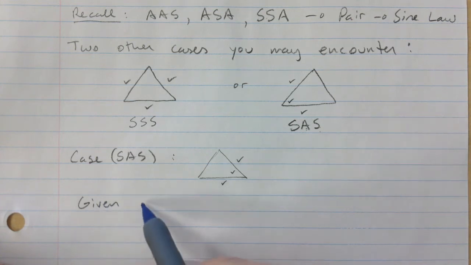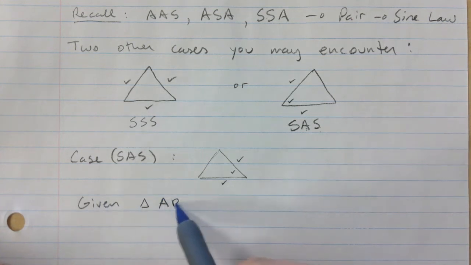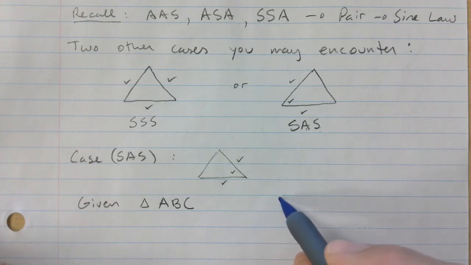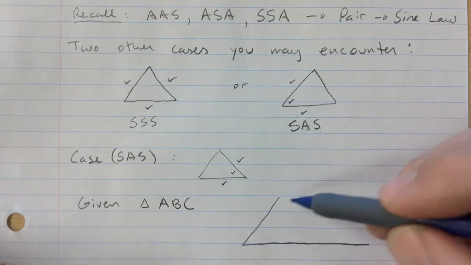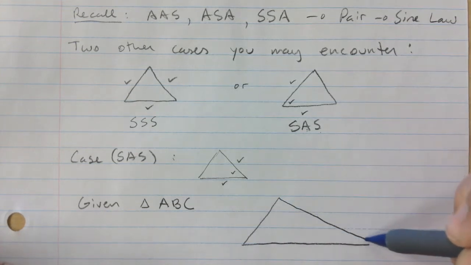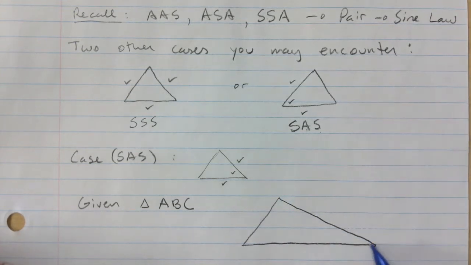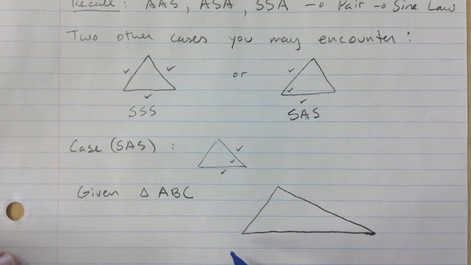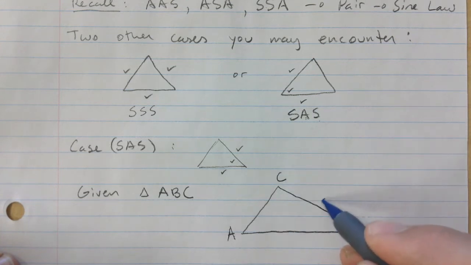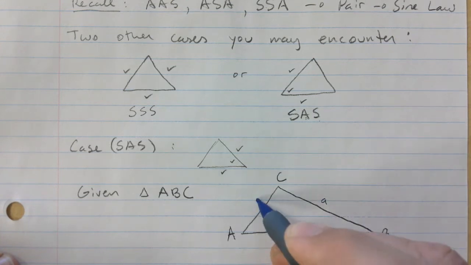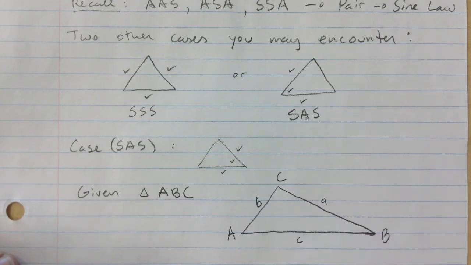Given triangle ABC, we could draw it like this, okay? It's kind of like the standard textbook version of a triangle, and you can clearly tell it's oblique. Okay, so you have A, B, C, and therefore there's lowercase a, lowercase c, lowercase b here.